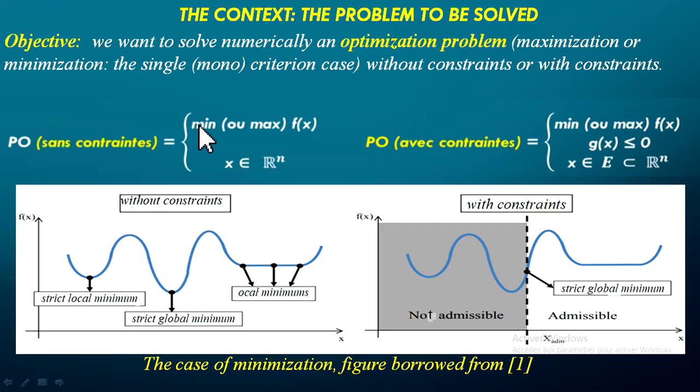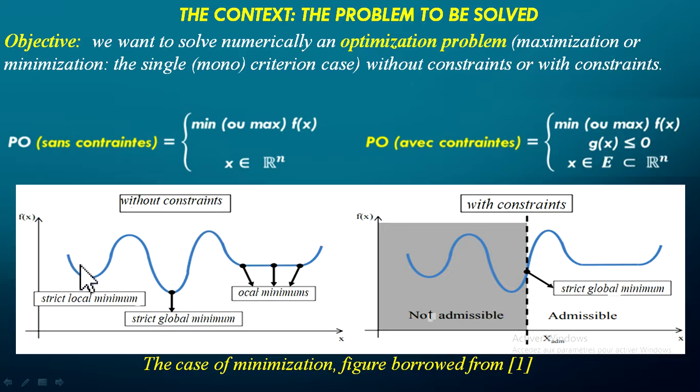The algebraic writing is the objective function min f of x, and here we have the space of the variable, with the different values which the variable x can take.